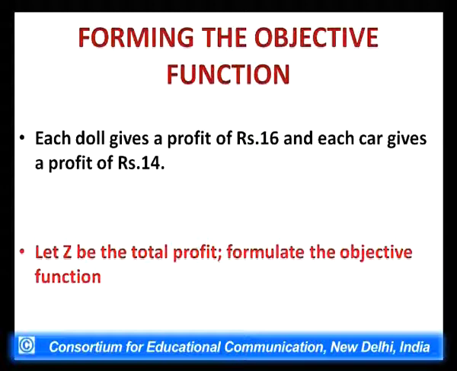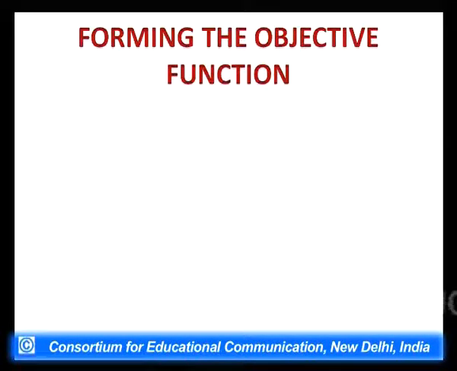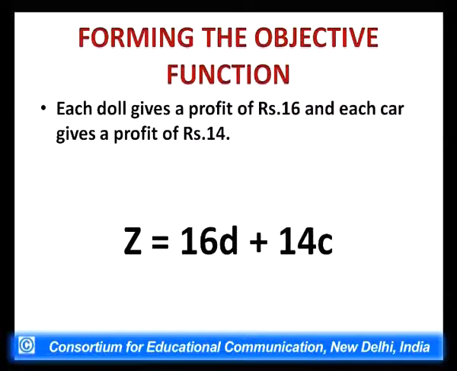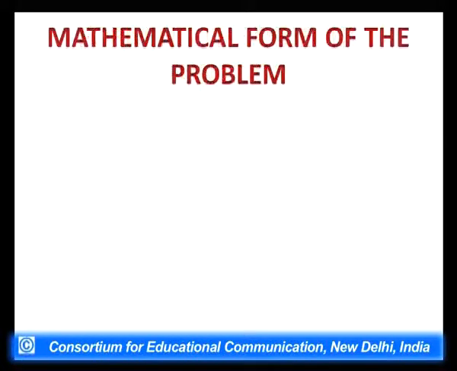Let Z be the total profit. Formulate the objective function and it is like this: Z is equal to 16D plus 14C. Why? Because each doll gives a profit of 16 and each car gives a profit of 14. Z is the profit and we have to maximize this profit.